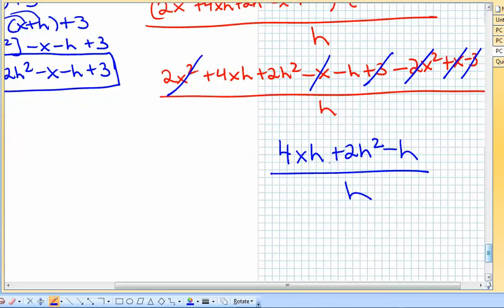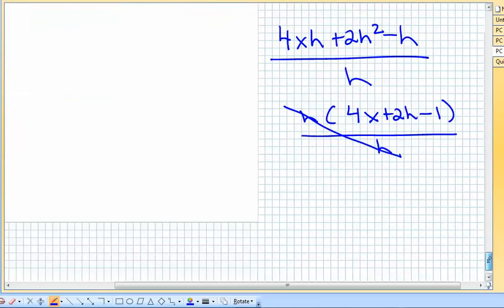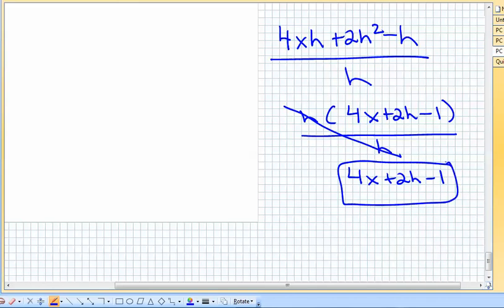Now, if you notice, they all share an h in common. So if you factor out that h, you can cancel it out. And you're left with 4x plus 2h minus 1. And that's our final answer.